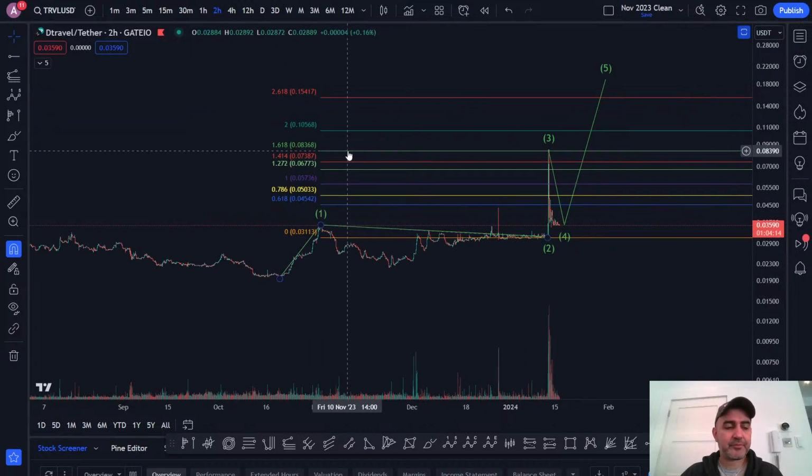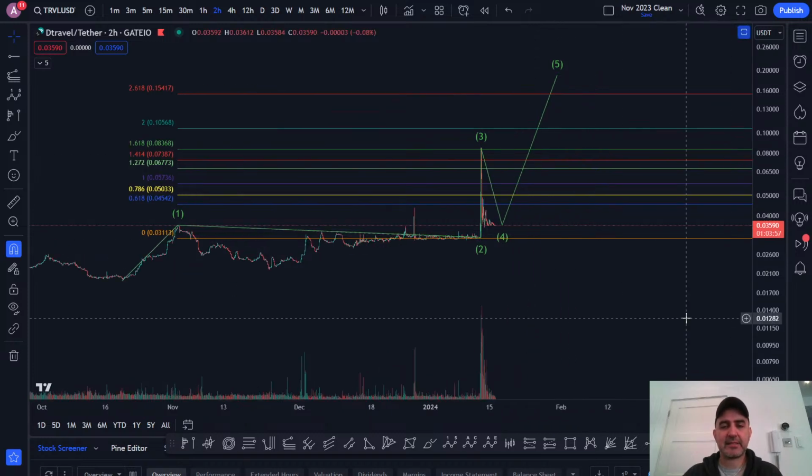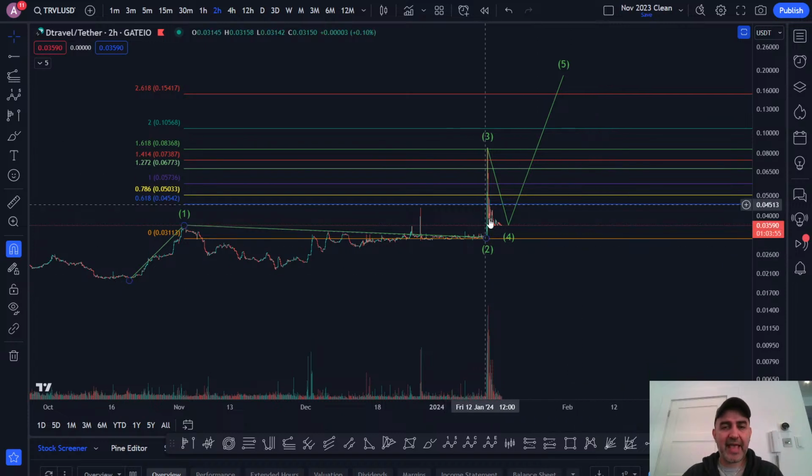I like that behavior. I like the 1.618. It's really nice. So I don't know if I expected that to happen, but now that I look at it, it does make sense. It happened very fast, and I don't know if many people could have predicted that.